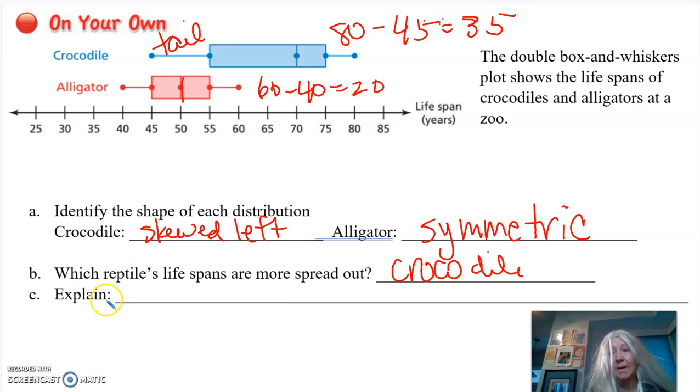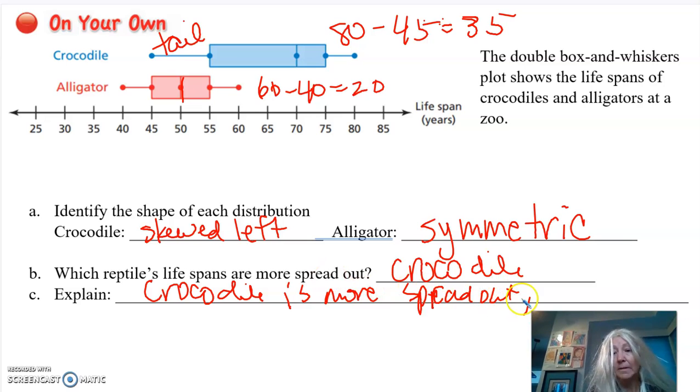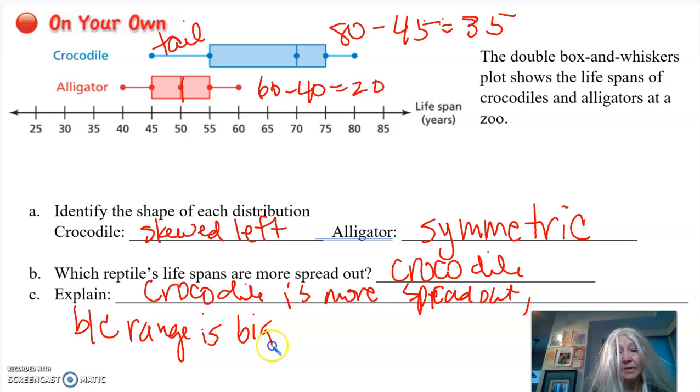So more spread out. Crocodile is more spread out because the range is greater, or bigger. The range is bigger.